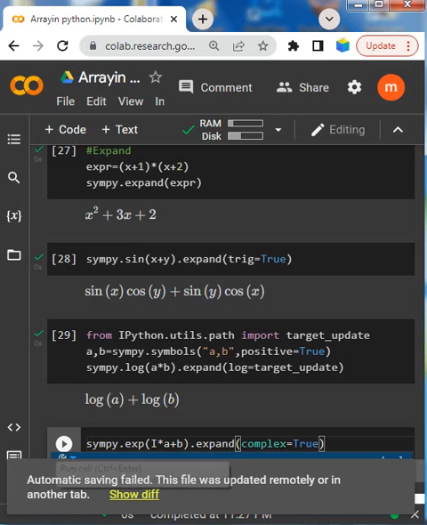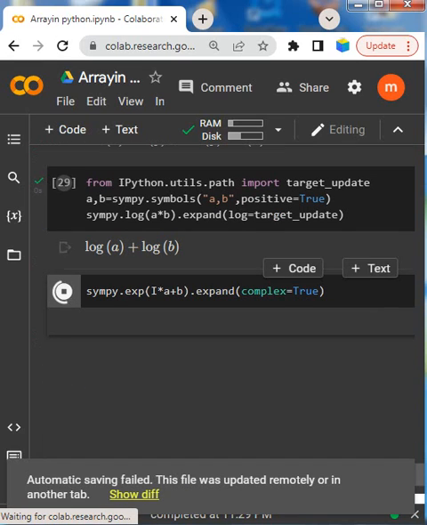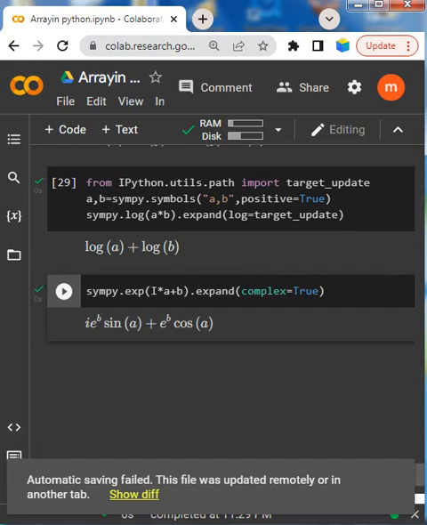So if you look here, it looks like i e to the power b sin a plus e to the power b cos a. So we can easily do the expansion.